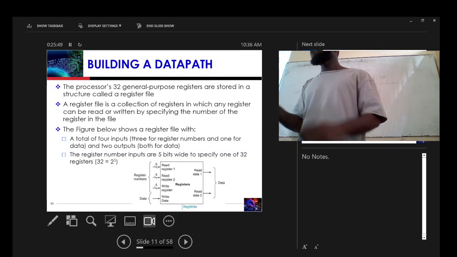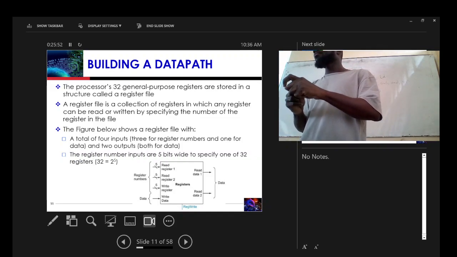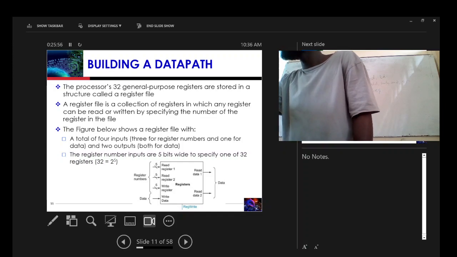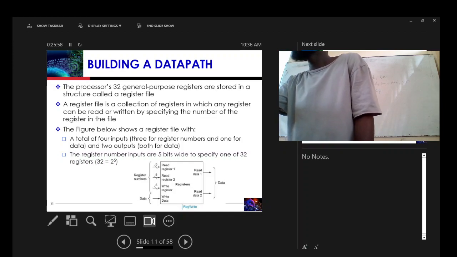These are connected to the output ports. You have 2 read ports, so you can read from 2 locations at the same time. Reading is like pointing to the address where you want to read from. Let's say data is in register 1. You want to read from register 1, so you have to point to register 1.